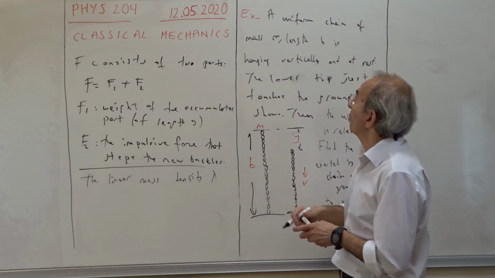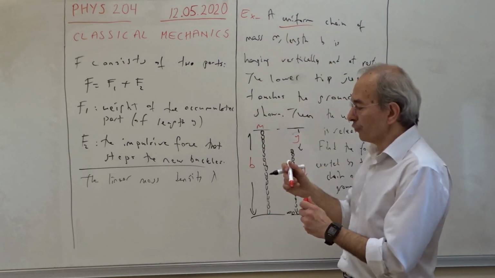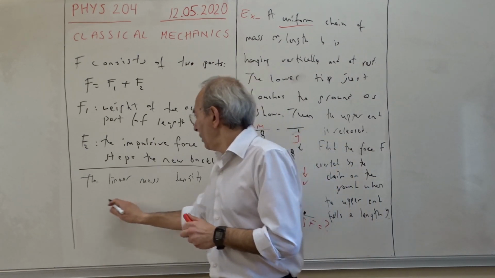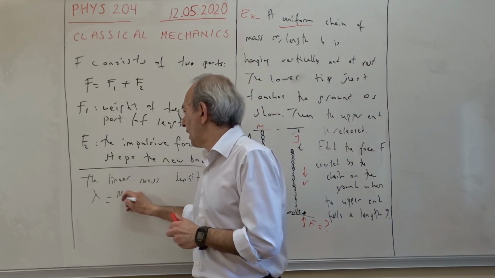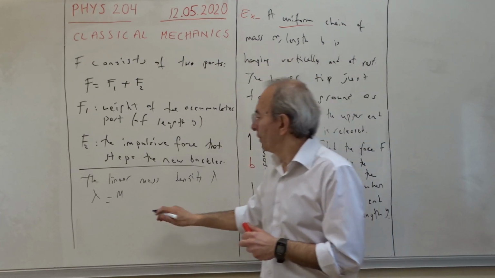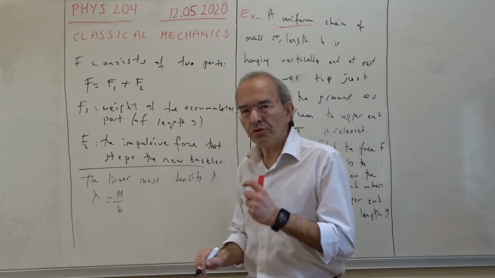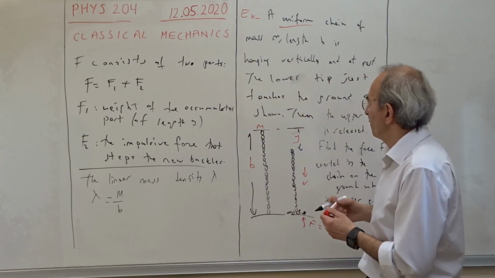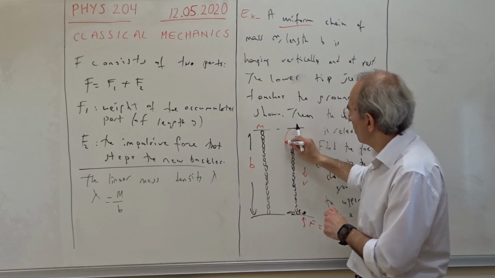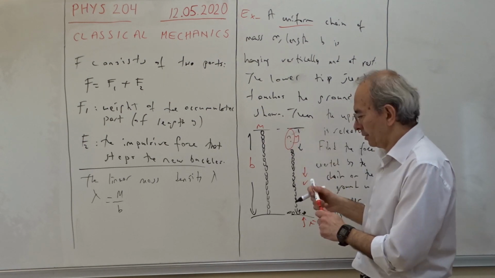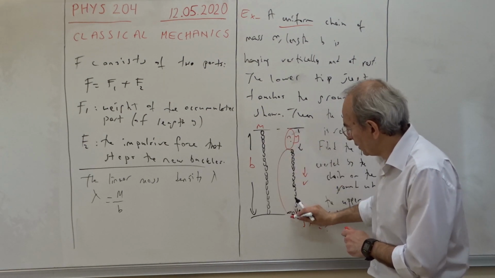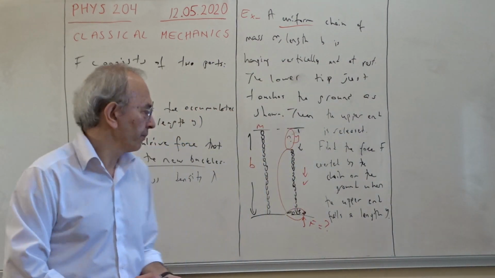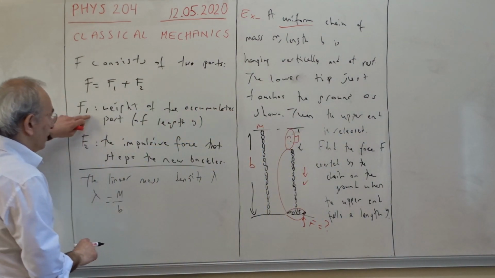Since it's a uniform chain, we simply divide the mass by the length. Lambda equals total mass m, little m, divided by total length b. So this is lambda. Then what is the mass which is missing here? Because this part, as we said, is already accumulated on the ground. So F1.